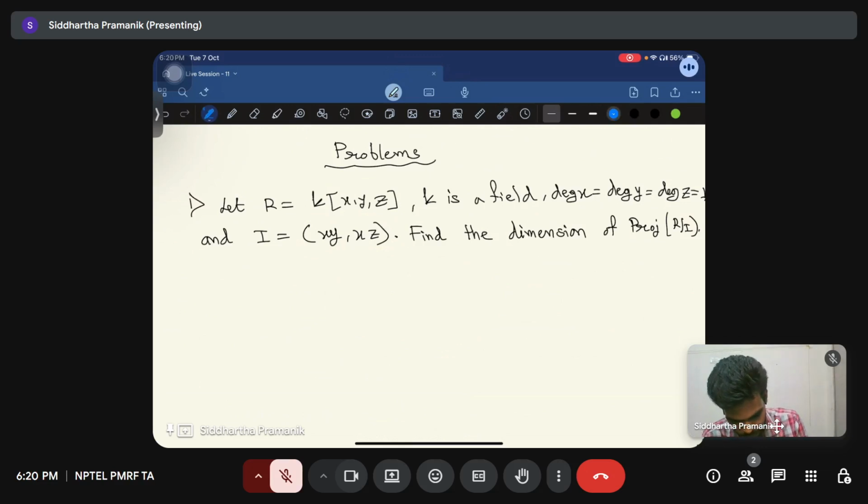Okay, so first let me recall how the Proj of a graded ring is defined. So recall the first thing is Proj of a graded ring.